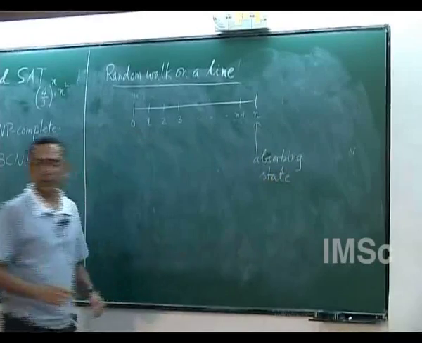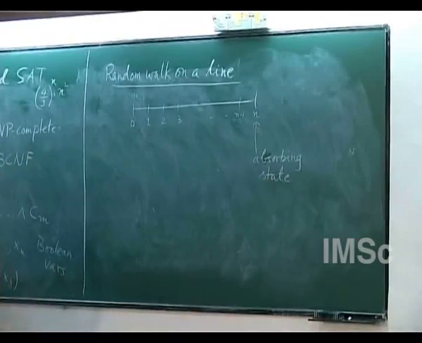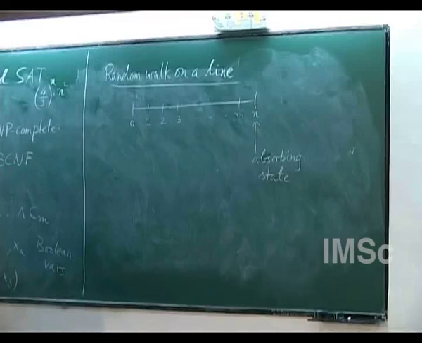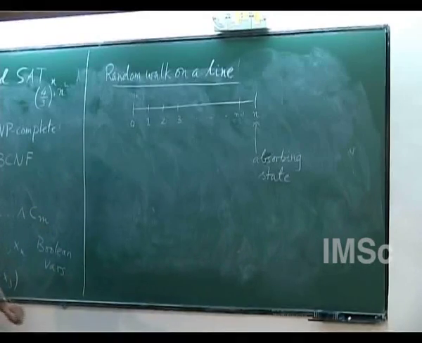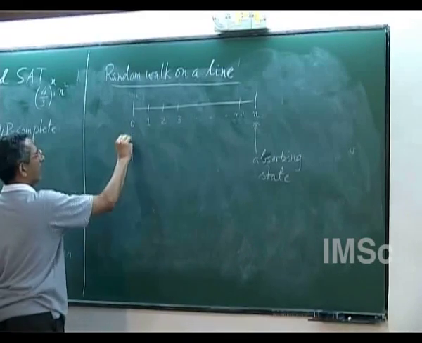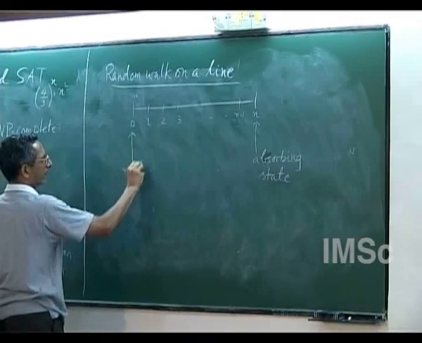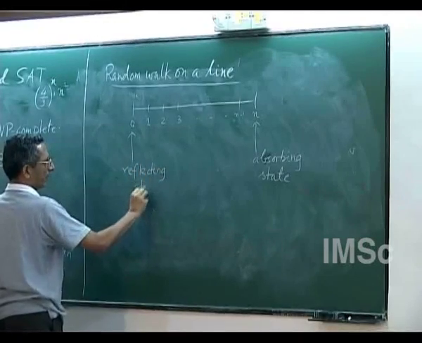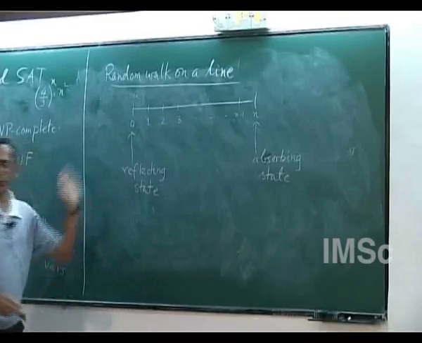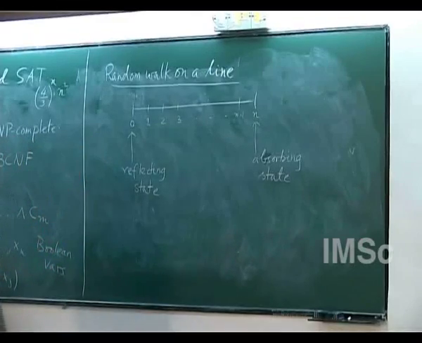So the goal of the random walk is to get to n. Essentially, n stands for getting to a satisfying assignment and stopping. That's what you want to do. And 0 is a reflecting barrier, reflecting state.